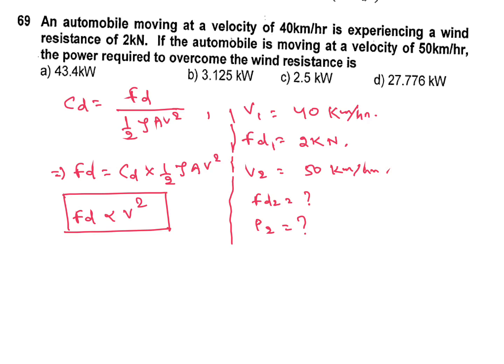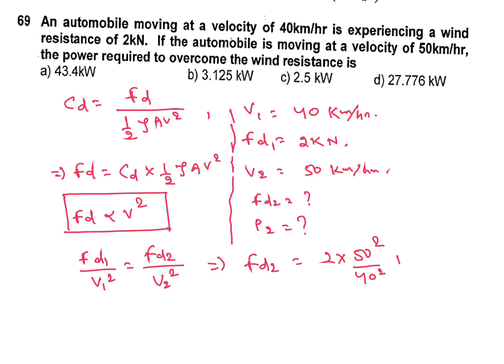So from here Fd1 by V1 square equal to Fd2, drag force at second case, by velocity V2 square. So Fd2 is 2 into 50 square by 40 square kilonewton. So from here we will calculate power.